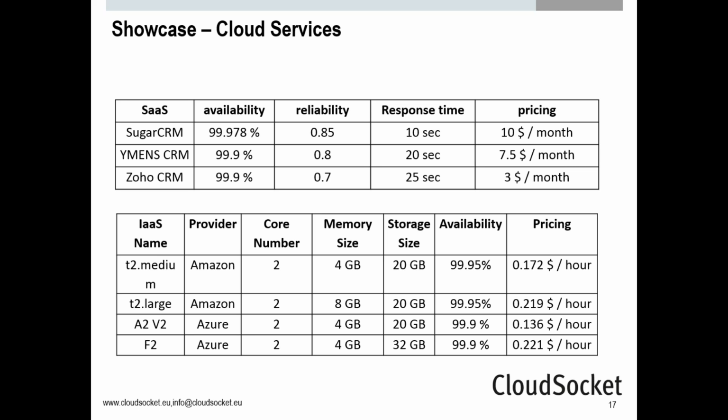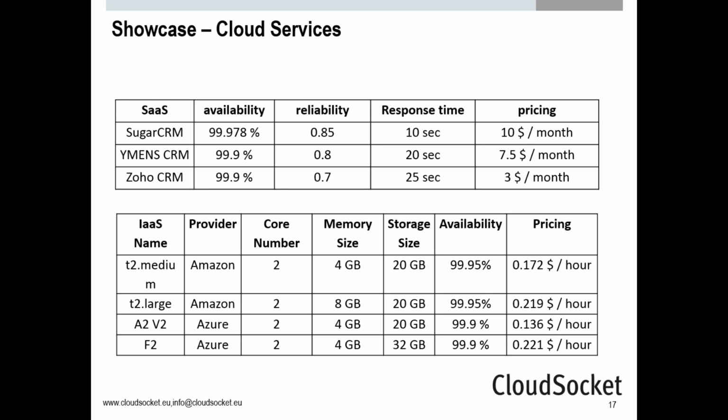The first service, Sugar CRM, has the best possible service level, mapping to the highest values for availability, reliability, and response time, but it is the most costly SaaS service. The second one has a medium service level, but a lower price. And Zoho CRM has the lowest service level, but is the cheapest of the 3.